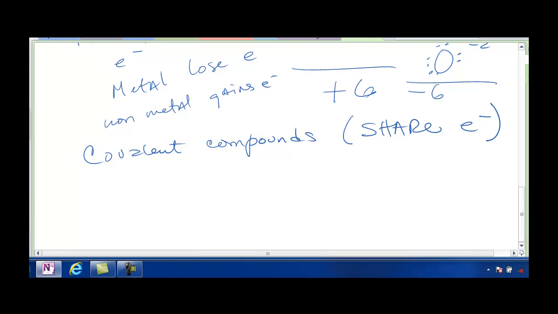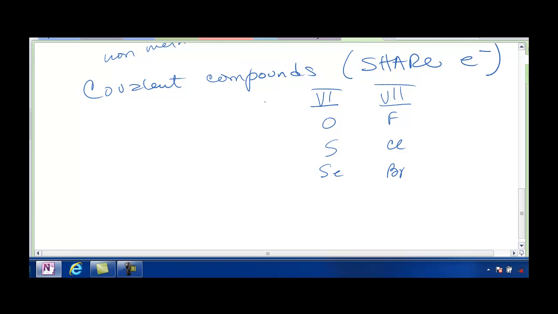Okay, so we're looking at, again, our periodic chart, and if we're looking at nonmetals, we're looking at group 7, like fluorine, chlorine, bromine. Group 6, like oxygen, sulfur, selenium. We're looking at group 5, these are the nonmetals, like nitrogen, phosphorus, arsenic.